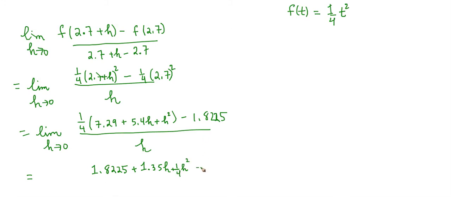We still have this negative 1.8225 here to deal with, and all of this is over h, and this is the limit as h approaches 0.